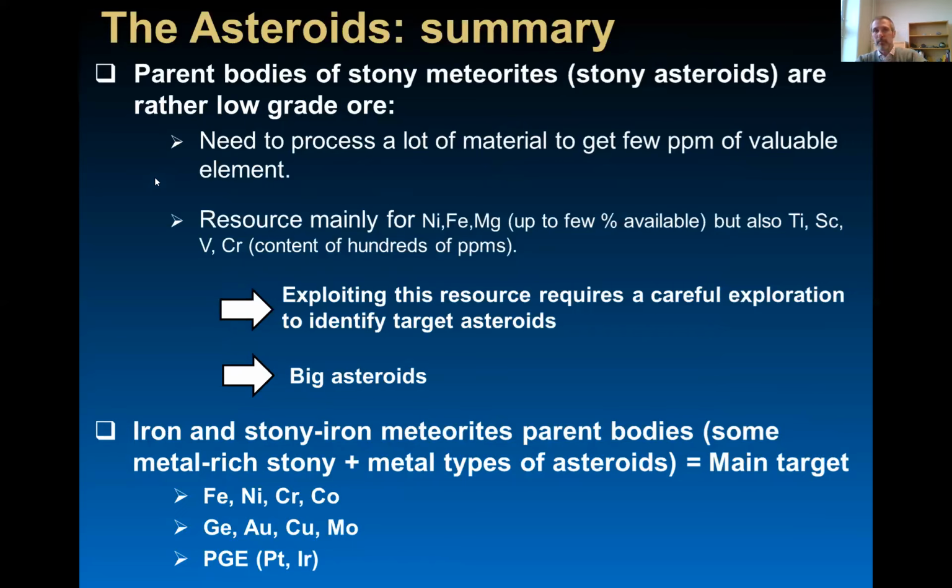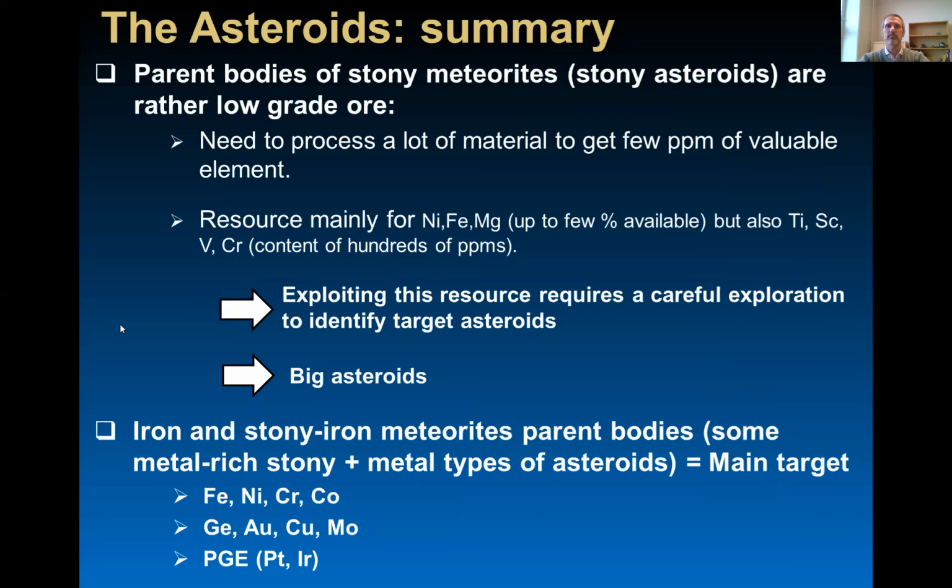The resources are mainly for nickel, iron, magnesium, few percent available, but we can find also titanium, scandium, vanadium, chromium in terms of a few hundreds of ppms. That means we have to prospect carefully the asteroids to find the right targets, and we need to focus on big asteroids.